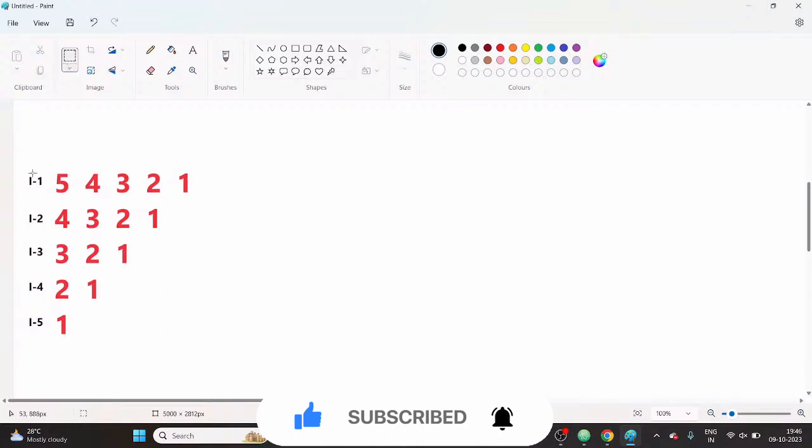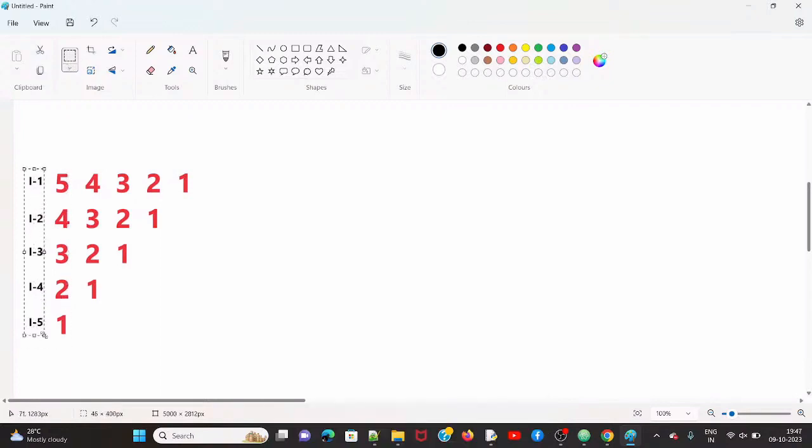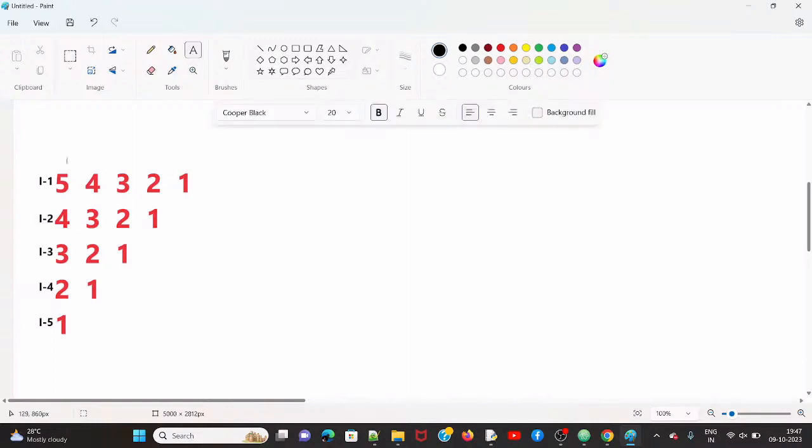Right. So these are the I values, guys, and J is also the same. J, how many times are you writing the first time? 5 times, right? So this is J1, then J2, J3, J4, and J5.